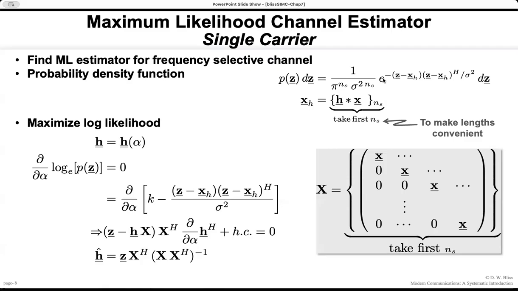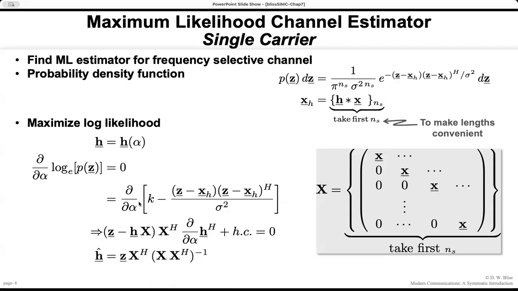So the log-base-e of e to something is just the exponent, and what I get is just the exponent out. So I have negative (z minus xh) times (z minus xh) Hermitian conjugate divided by sigma squared, right?